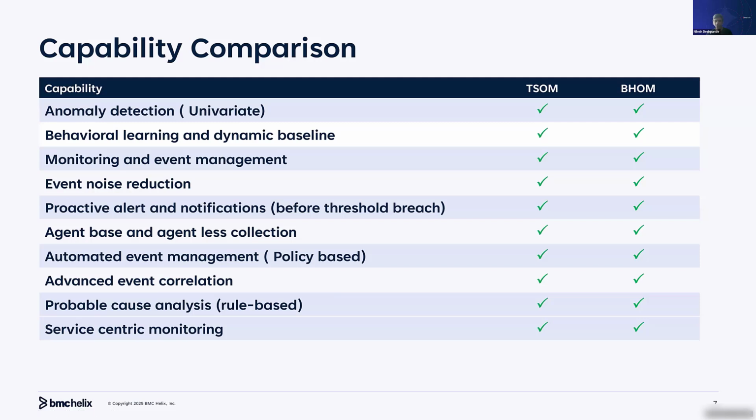We call it the alarm policy when it happens in BHOM, and you get similar functionality to what was there in TSOM. The event correlation can happen using the static policy where you define the rules, and BHOM AIOps also uses artificial intelligence, which will help with event correlation. This also helps with the next part, which is probable cause analysis and service-centric monitoring.